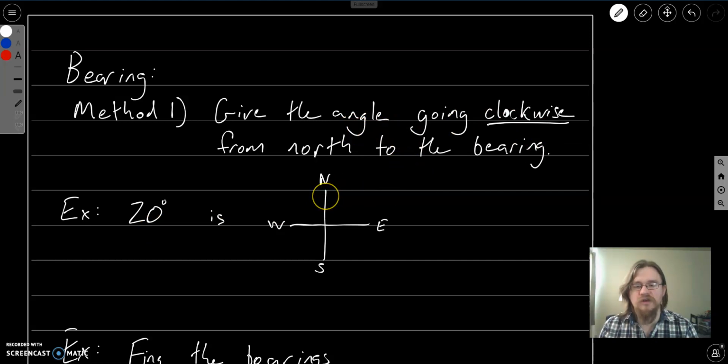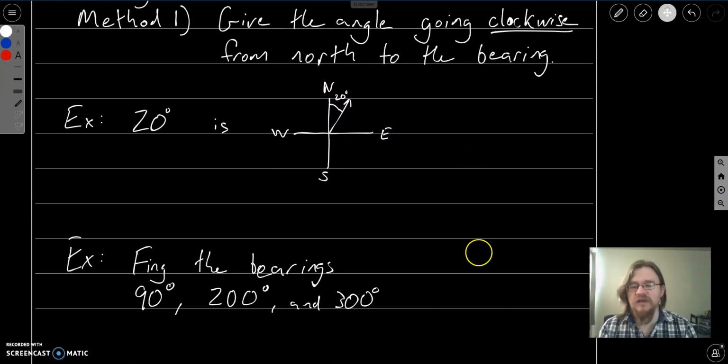We'll start at north and then start going clockwise until we get a 20-degree angle, which is about right there. So this angle here, which is 20 degrees, is going to help us point in the direction that we're moving in. So if our bearing is 20 degrees, that means we're going mostly north, but a little east at the same time. So we're going somewhere between north and east.